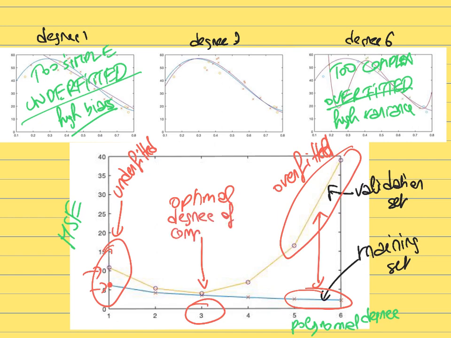It allows the model to be complex enough to properly interpolate the training set. This is what you can see here, because the RMSE of the training set is pretty low, but it's also a model that can predict the future pretty well. It's a model that generalizes well. So in this case, the RMSE of the validation set, which plays the role of future data, is also pretty low.